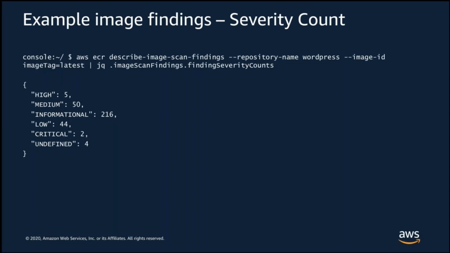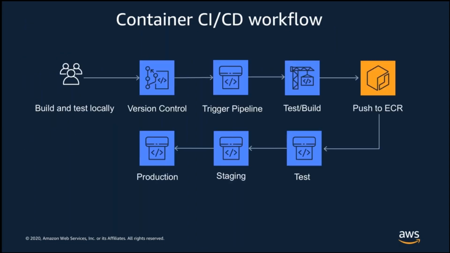Now I want to stop and go back and talk again about that container image workflow, but this time I want to put it in the perspective of a CI/CD pipeline. So I want to add some component of continuous delivery.